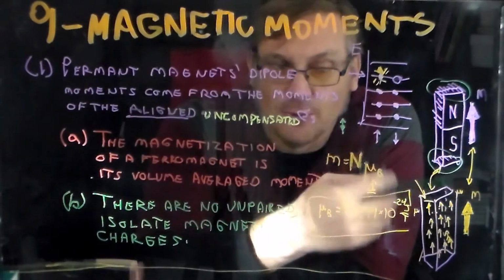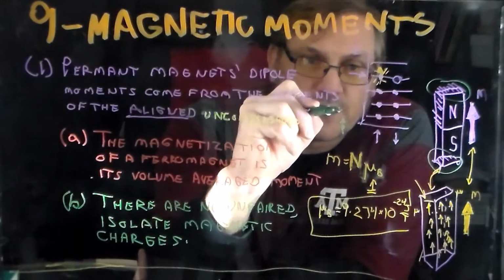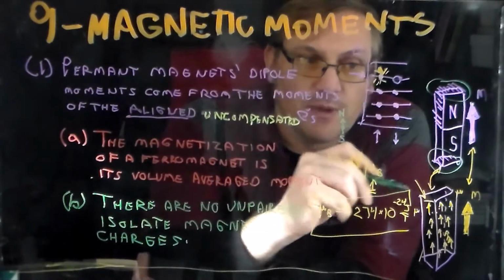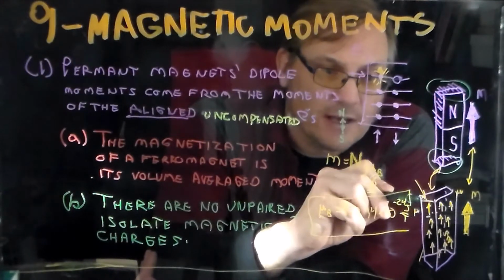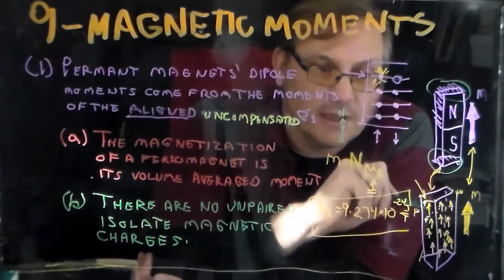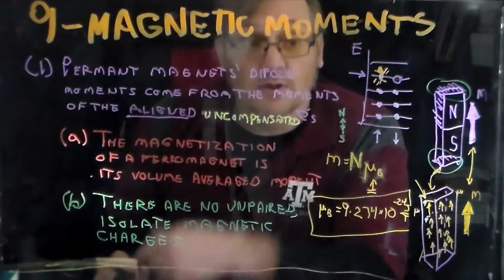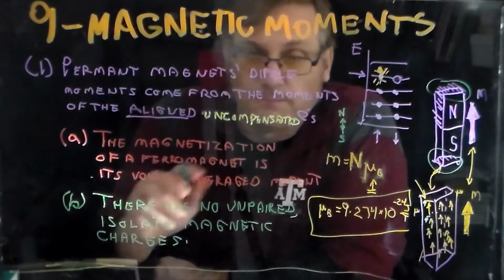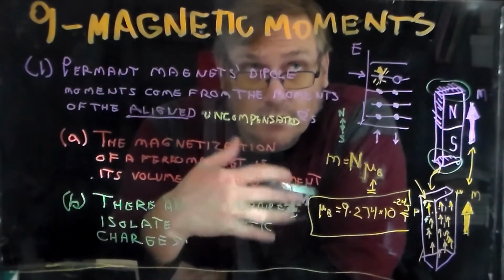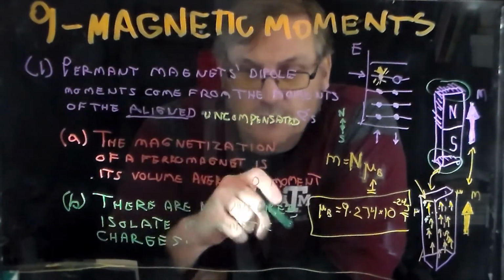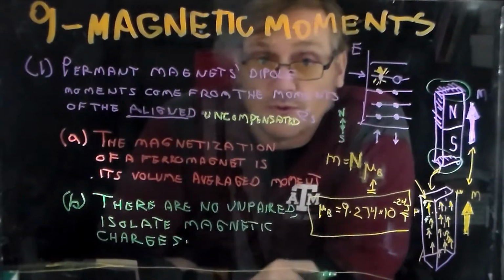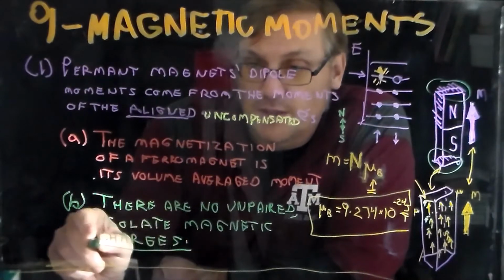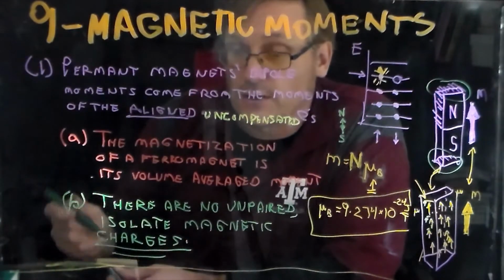Okay, so the north and south pole is just an approximation that we use for something that's really big, because the minuses and the pluses cancel out in the electric dipole, so it's somewhat similar, right? But don't get confused. There are no real north and south poles to a magnet in the real world. That would be a charge, and there are no charges that go along with magnetism.